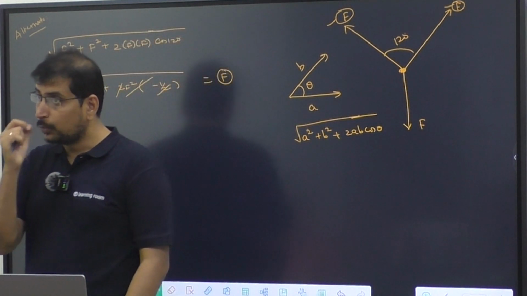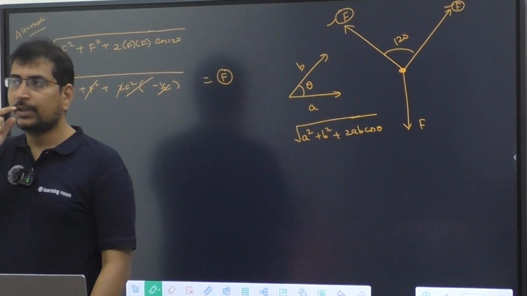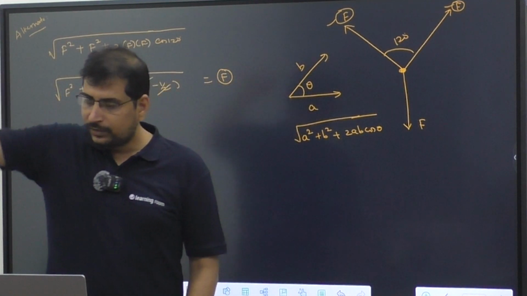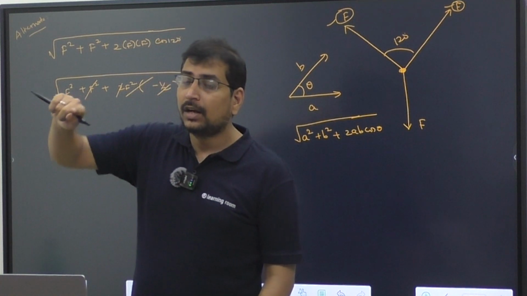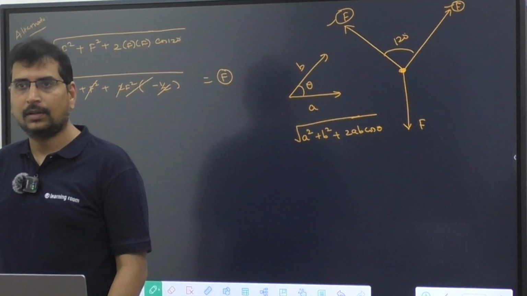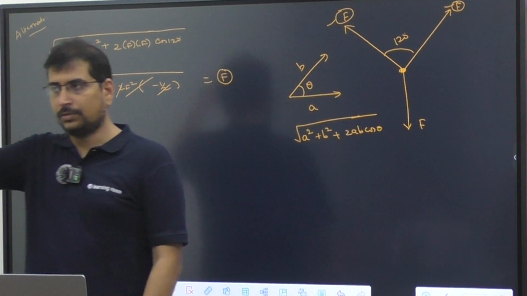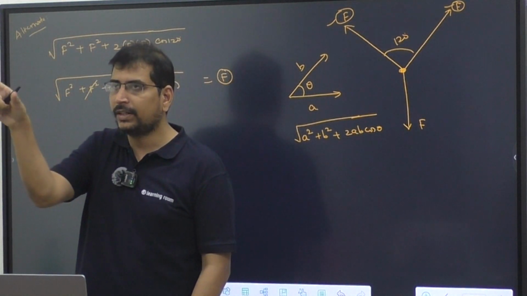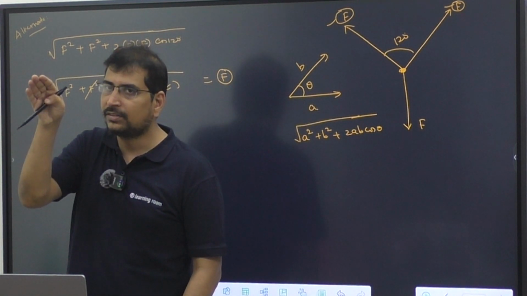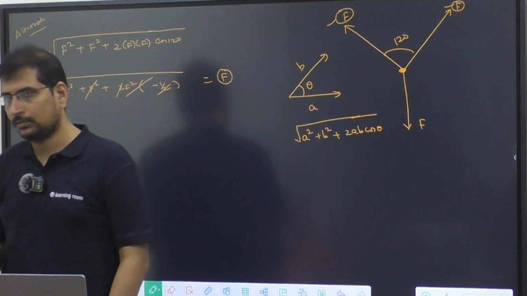Here comes an important question. Whenever you have two co-initial vectors, you apply the parallelogram law and you get a resultant. The question is, how is that resultant oriented with respect to either of the vectors? In vectors, they call it direction. What is the angle made by the resultant with either of the vectors?